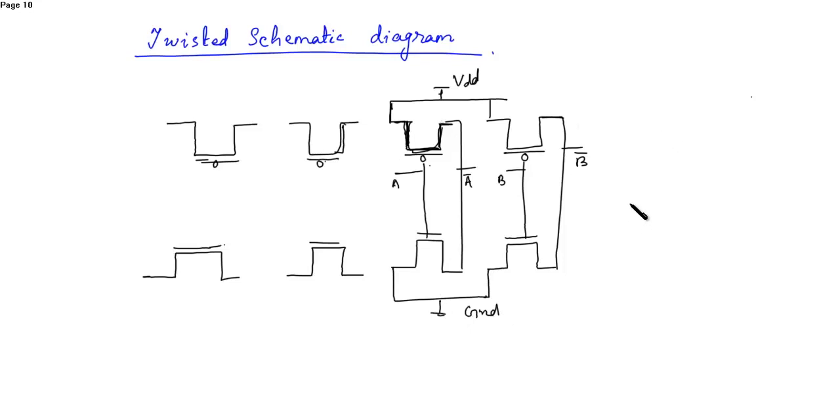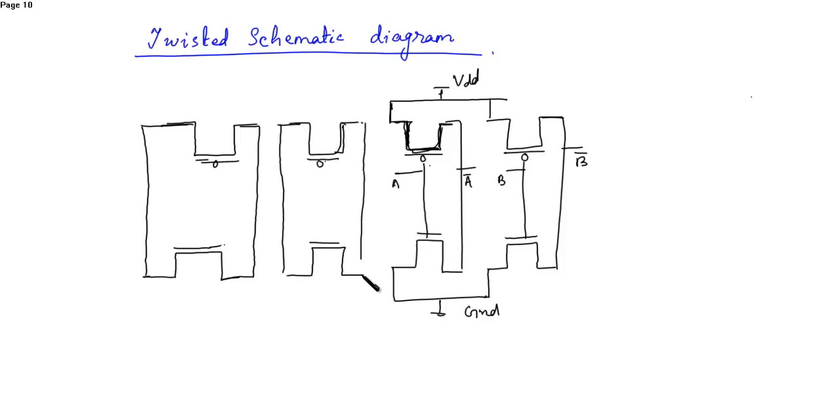So the inverter is already designed. So transmission gate, the sources and drains are connected. Source to source, drain to drain. Then again source to source, drain to drain.